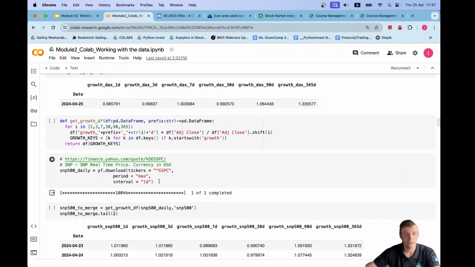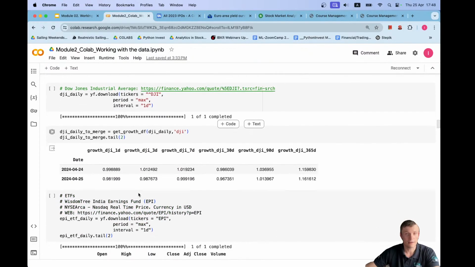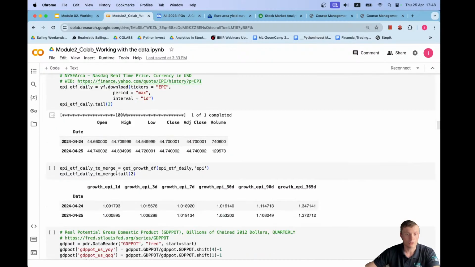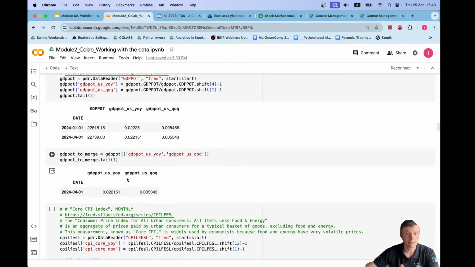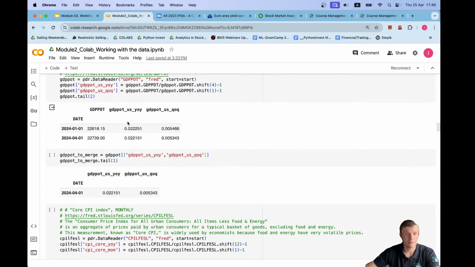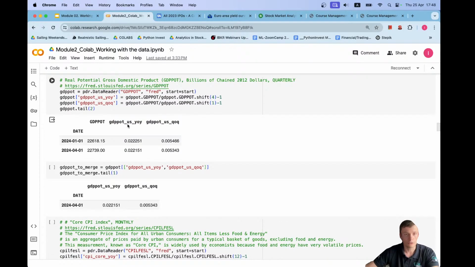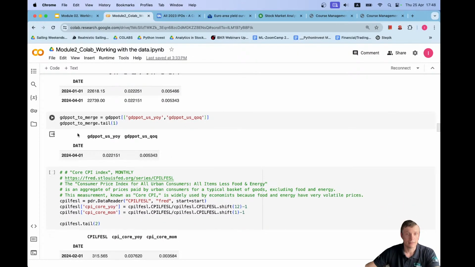And the same thing is for S&P 500. We generate growth for S&P 500, Dow Jones, India ETF stats, and some other indicators. In this case, for Module 1 data, GDP growth, which is quarterly data, and CPI, which is monthly data, we provide growth stats as well.